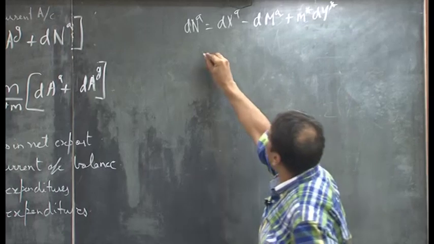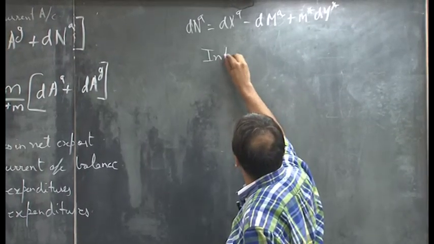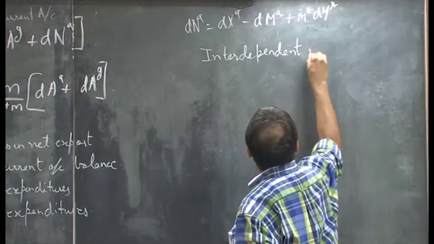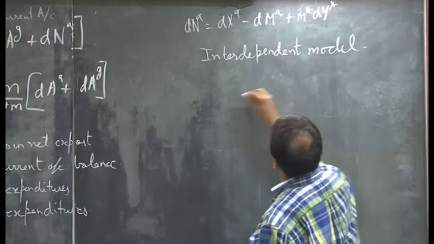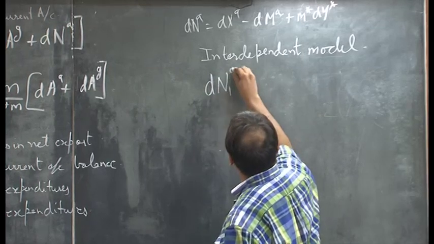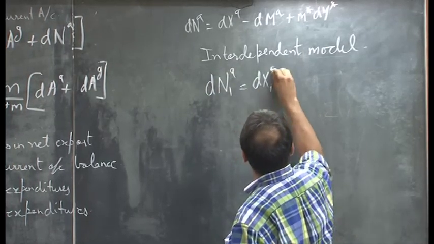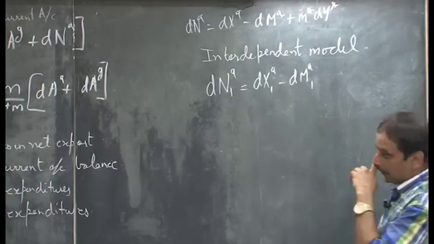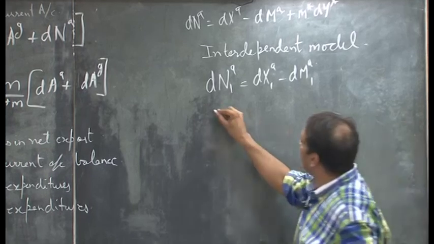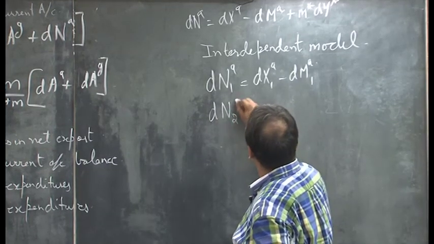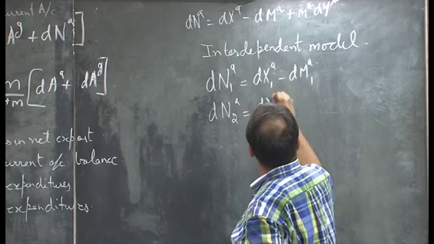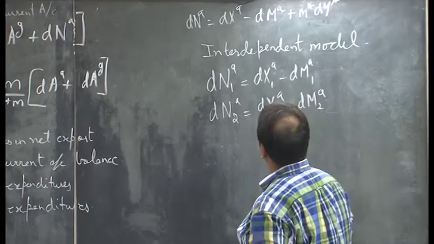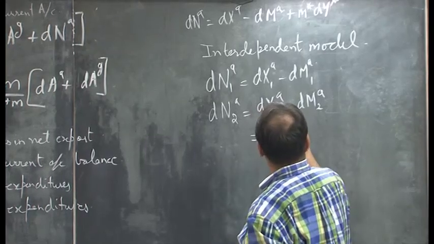Now, in this interdependent economy, the change is that you define dn1a to be dx1a minus dm1a. And dn2a to be dx2a minus dm2a, and dn2a is minus dn1a.